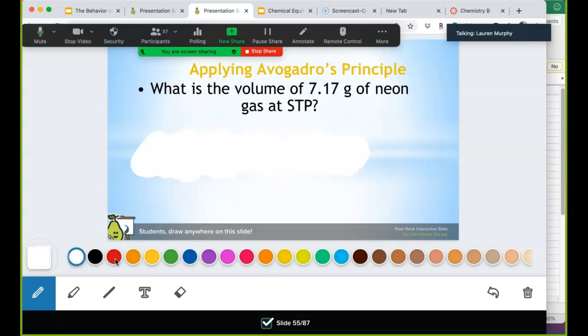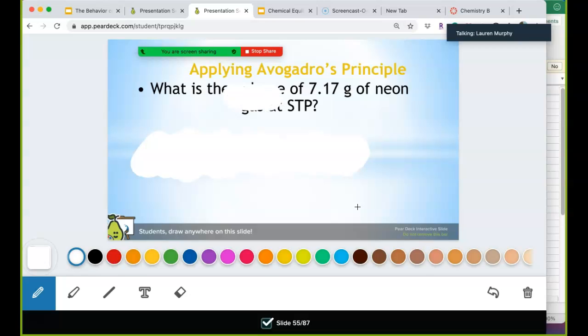So volume is V, right? And I give you grams of neon gas at STP.